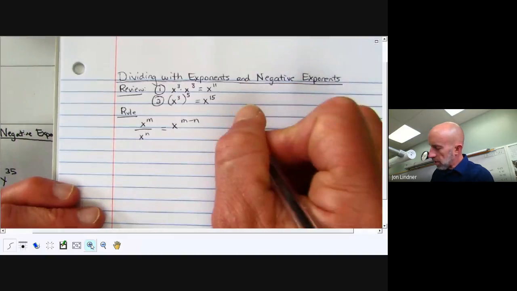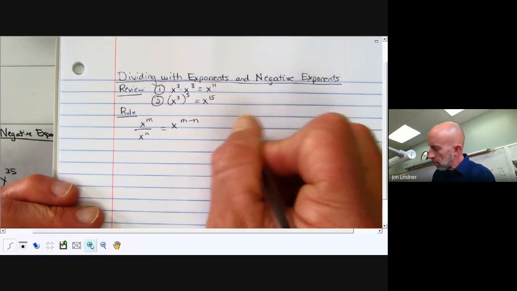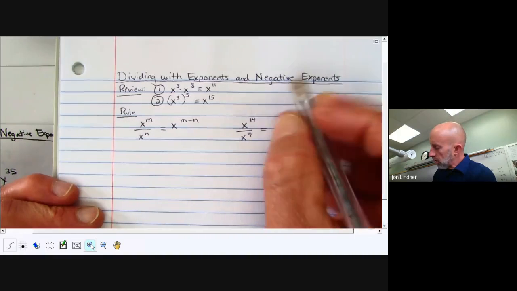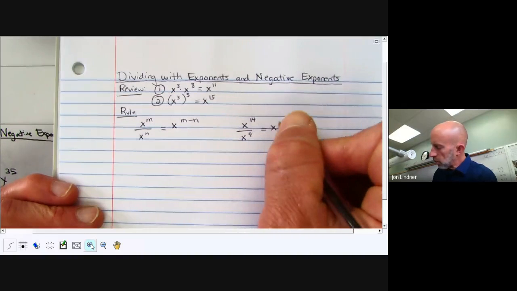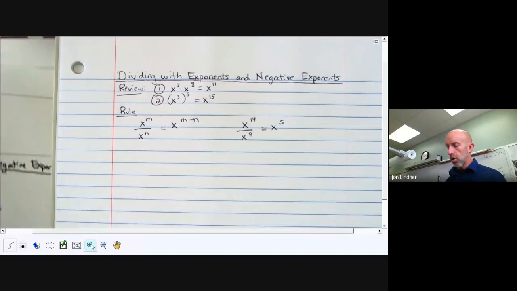So a real easy example is if I had x to the 14th over x to the 9th, that would be 14 minus 9 is 5, so this would be x to the 5th. Okay, a real basic example of how that rule works.